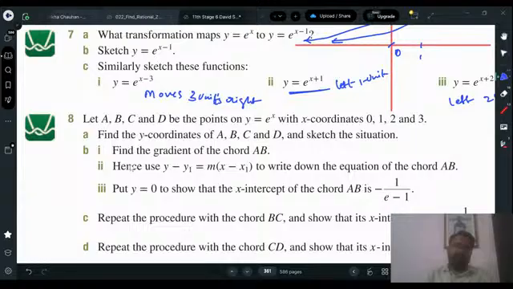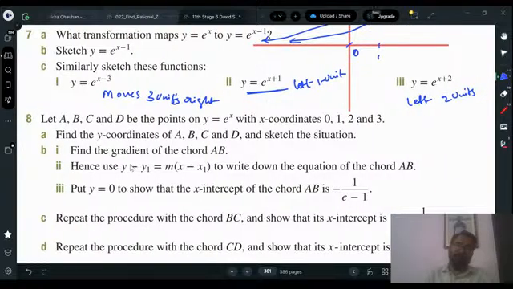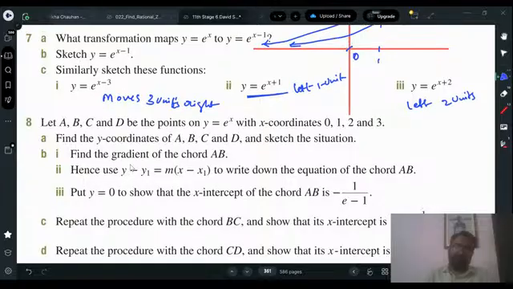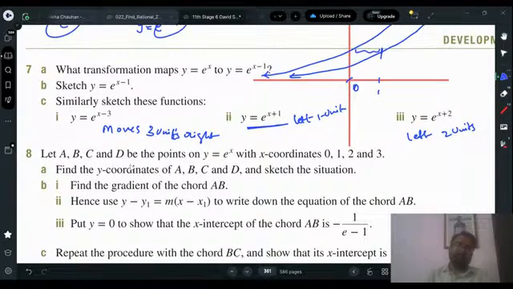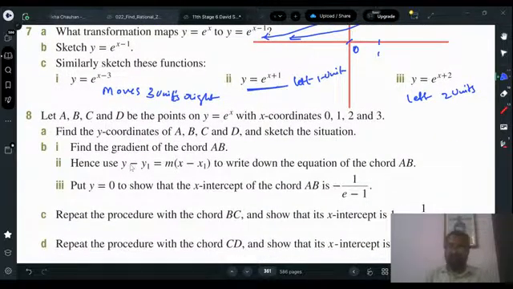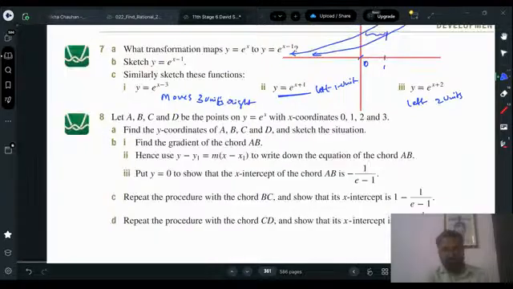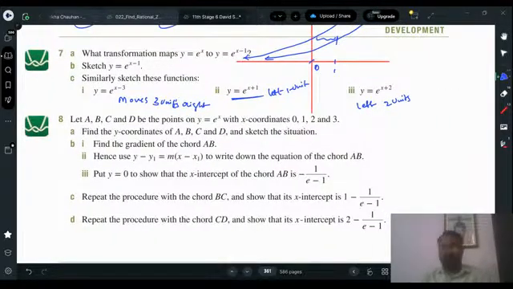A, B, C, D are the points on e power x with x coordinates 0, 1, 2, 3. So you have to understand it. This is the graph of e power x.